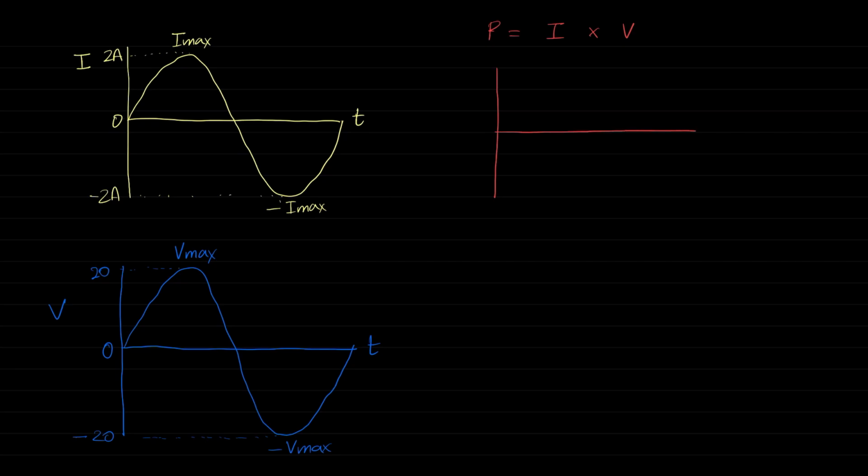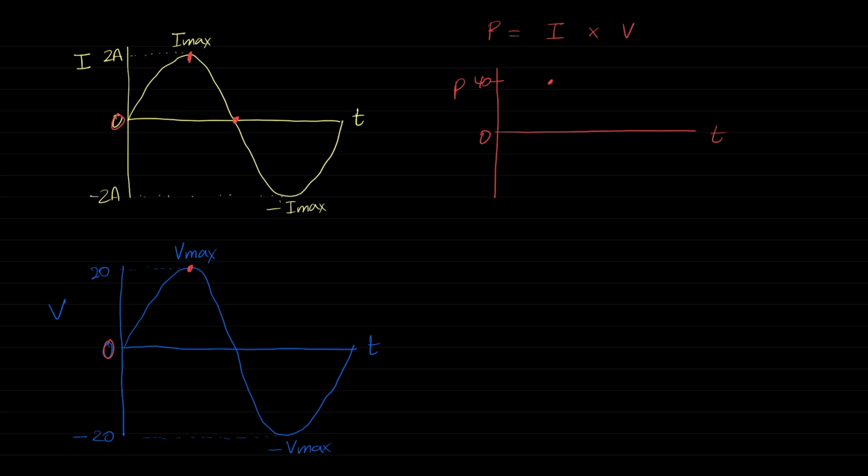If I take this value, 0 times 0, it's going to be 0. If I take the I max and multiply by the V max, that's 2 times 20, which gives me 40. So it's going to go up to 40.